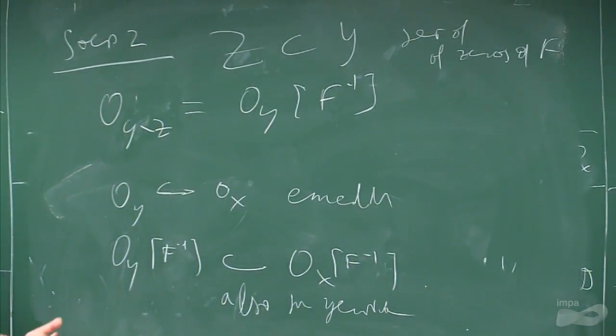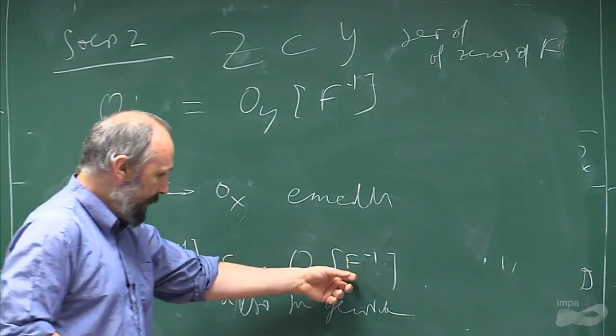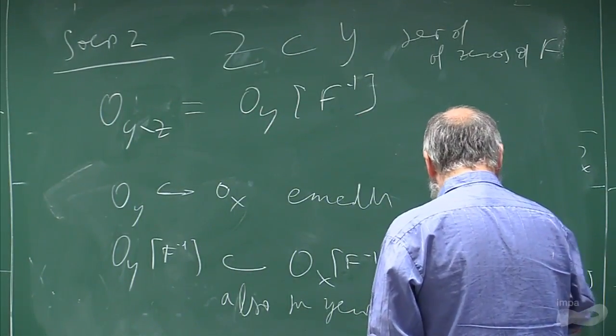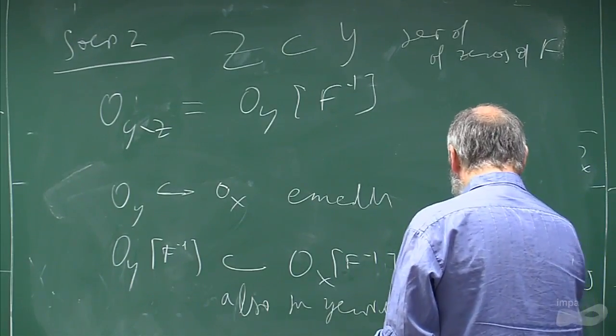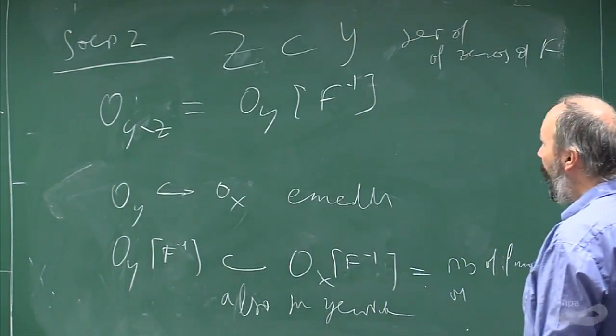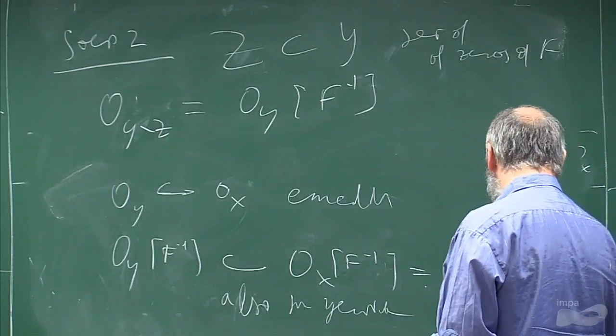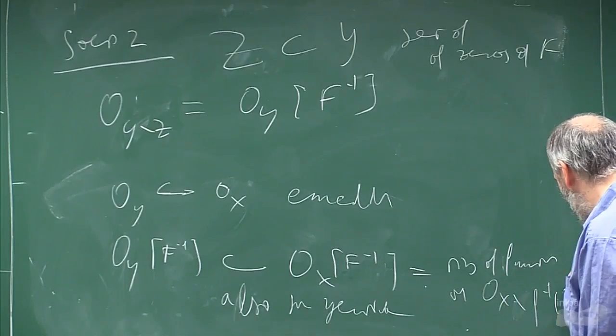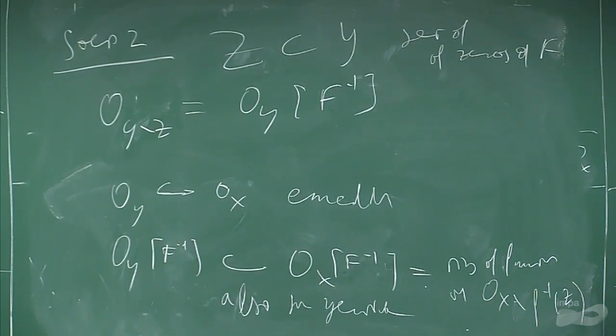Okay, now let's look at what this thing is, and this is of course the ring of functions on, now we take O_X without f^-1 of z. Because what are these points?